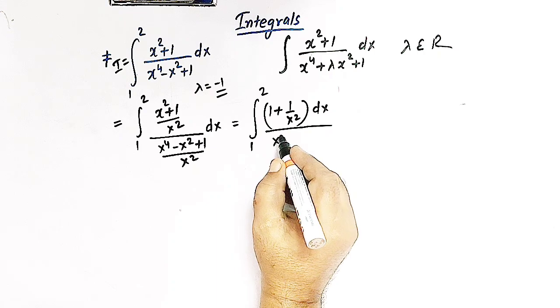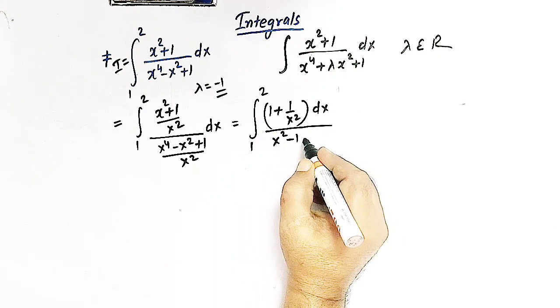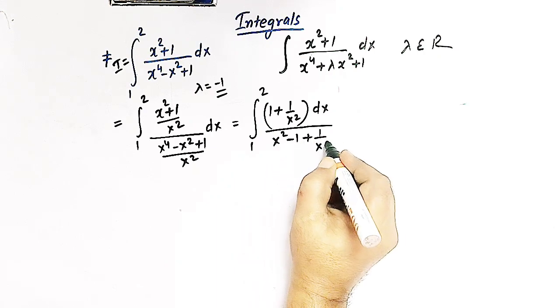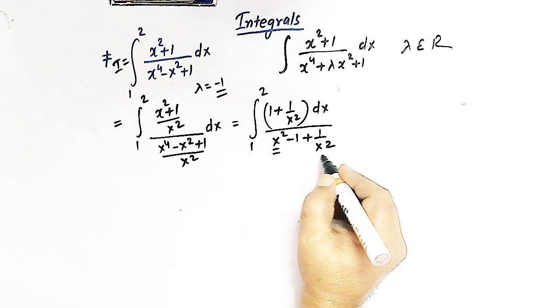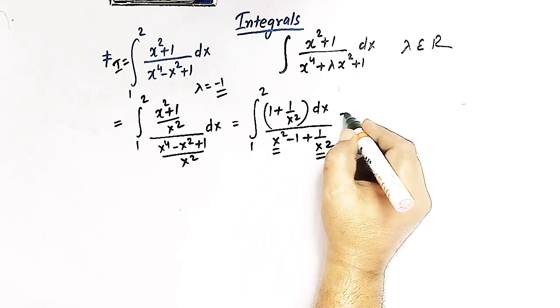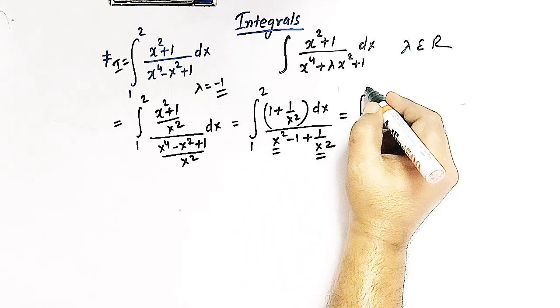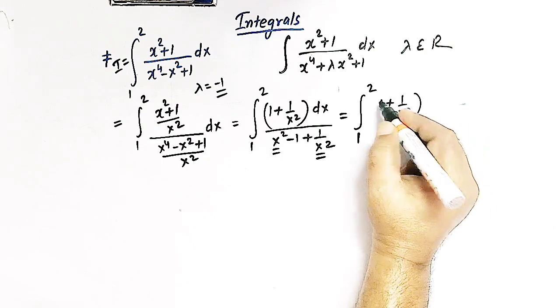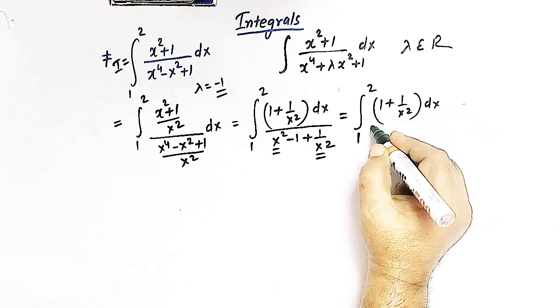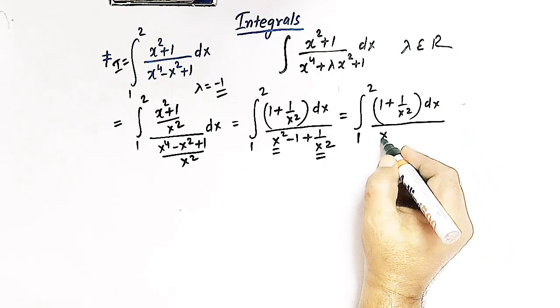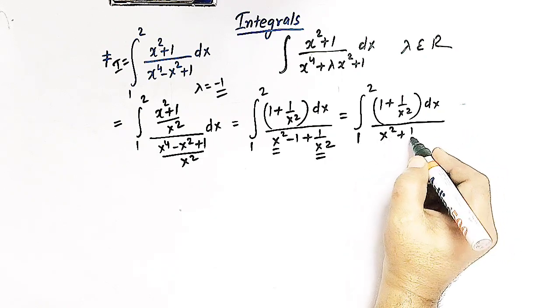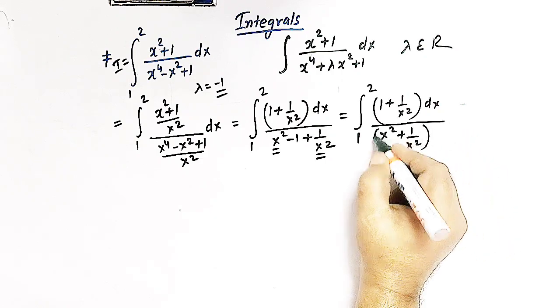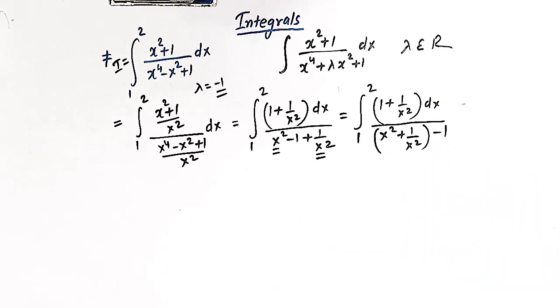So we have x square, then minus 1, and then 1 over x square. Now we can collect these two terms. So our integral becomes 1 to 2, (1 plus 1 over x square) dx, and in the denominator we have x square plus 1 over x square, and here we have minus 1.